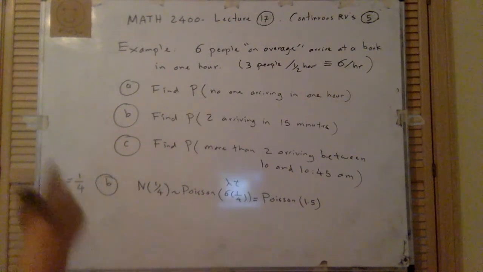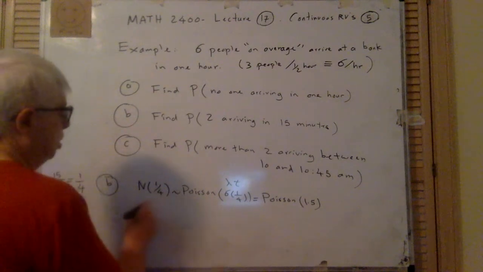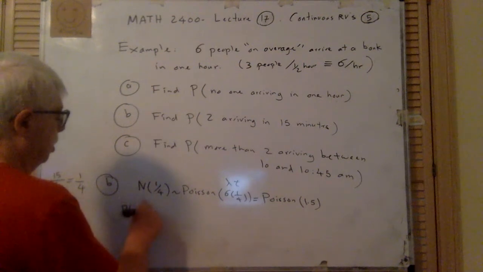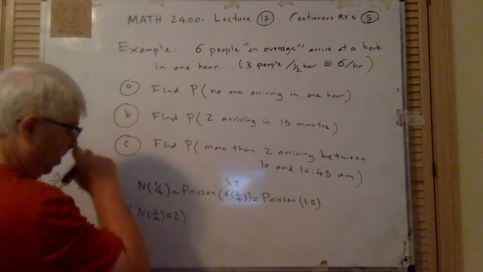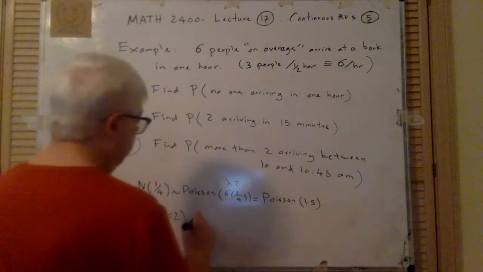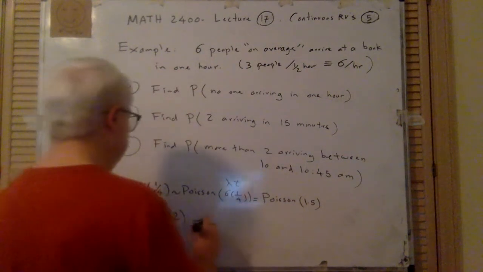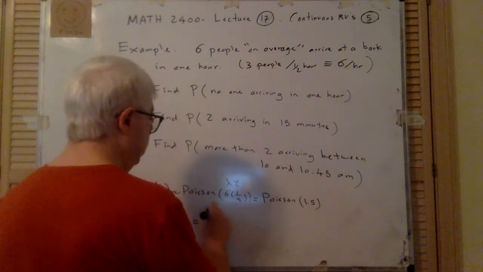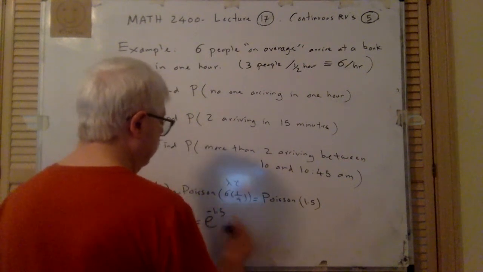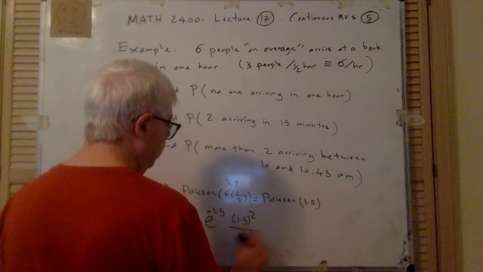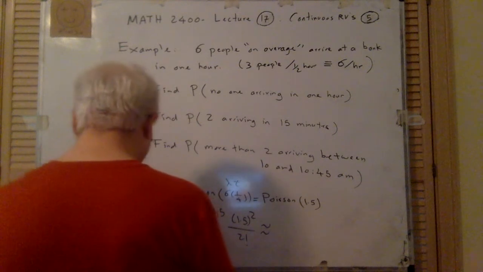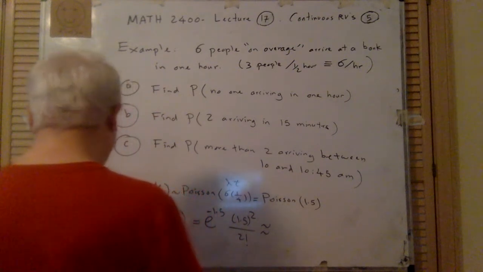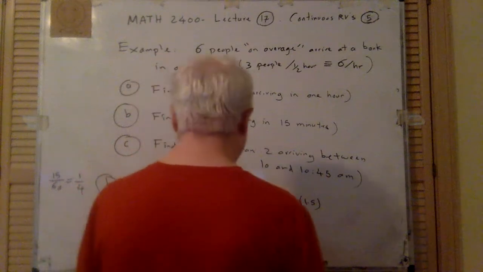Okay, so 2 arriving in 15 minutes, so that is P of N of 1/4 equals 2. And that is e to the power minus 1.5 times 1.5 squared over 2 factorial, which is, I calculated this, 0.2510.